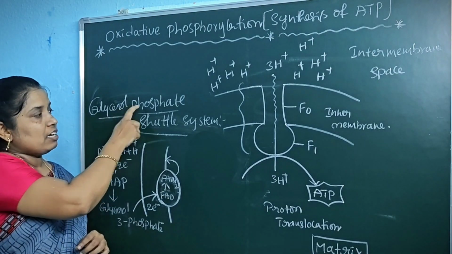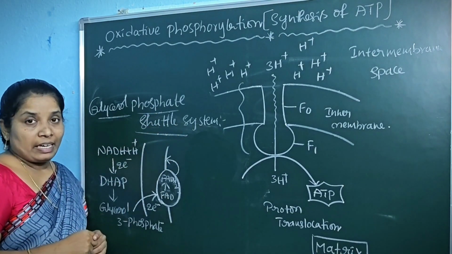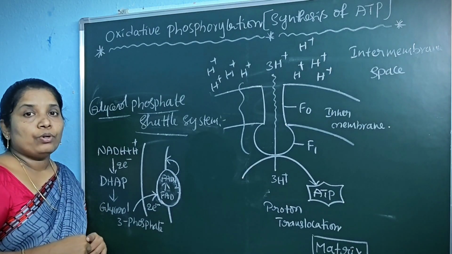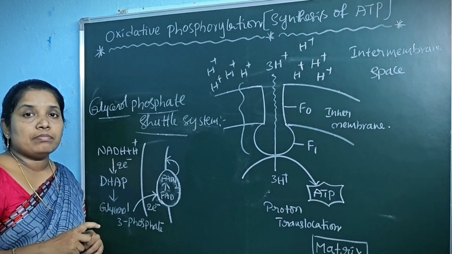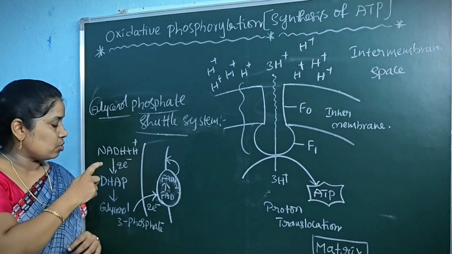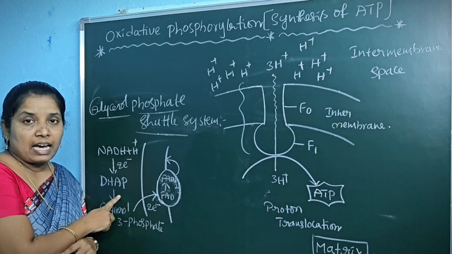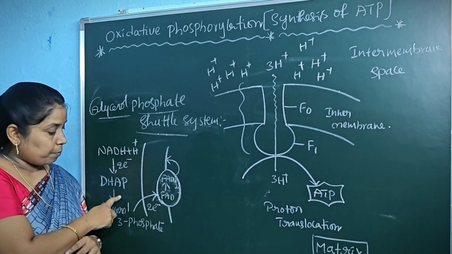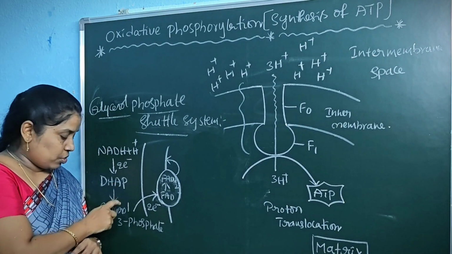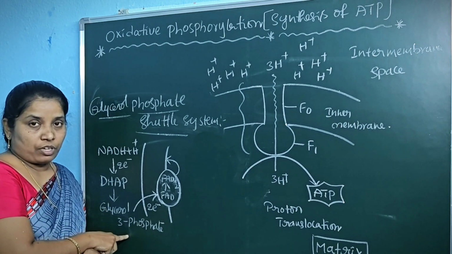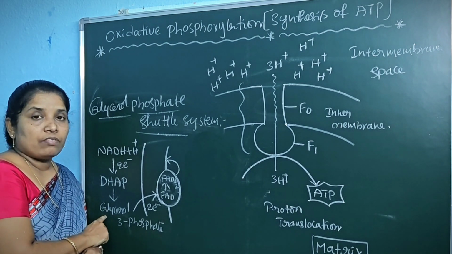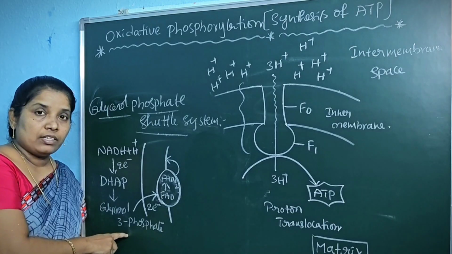Let's see the second type of shuttle system, that is the glycerol phosphate shuttle system. Here the NADH2 formed in the cytoplasm donates its electrons to DHAP, dihydroxyacetone phosphate. Then it converts into glycerol 3 phosphate.